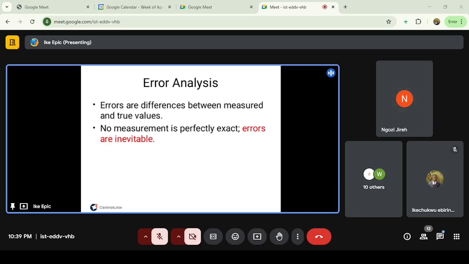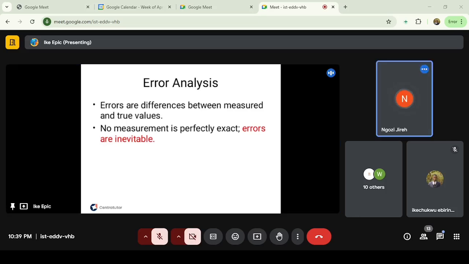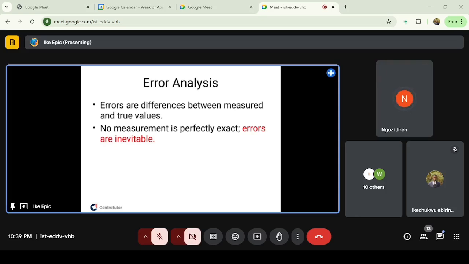Error, as I defined here, is the difference between the measured value and the true value. You cannot say that there's an error if you don't know the true value of a particular thing. Someone cannot tell you you are wrong if the person does not know what is right. So by definition, error is the difference between the true value and the measured value.